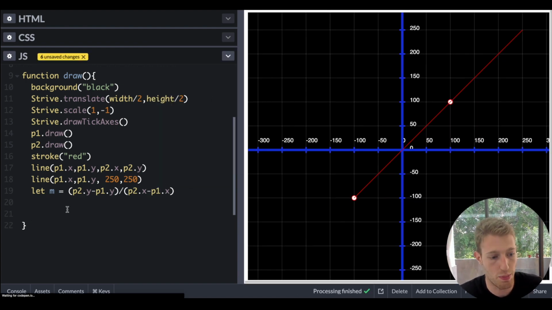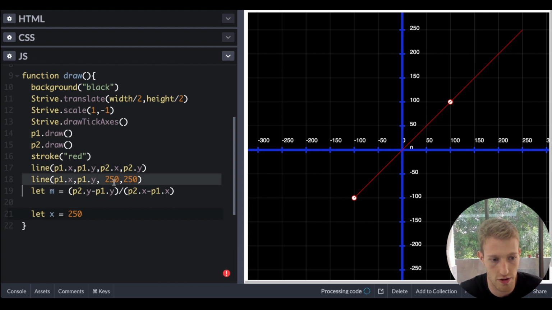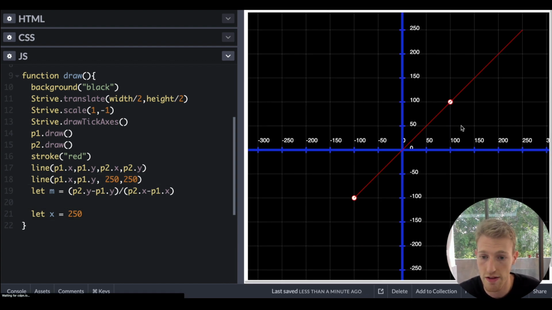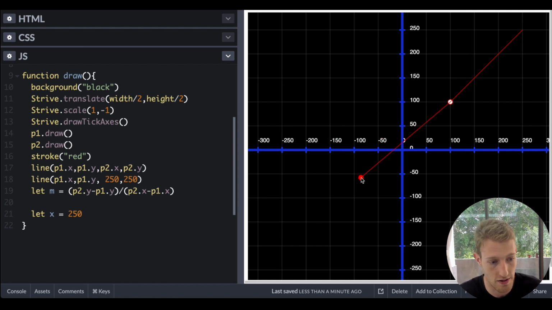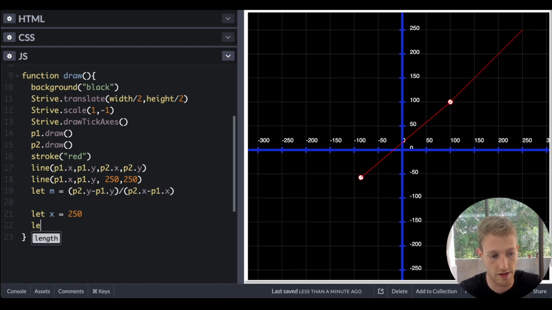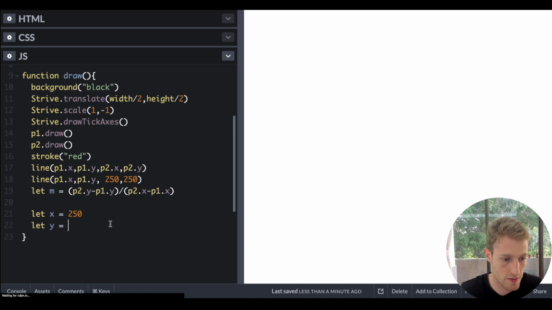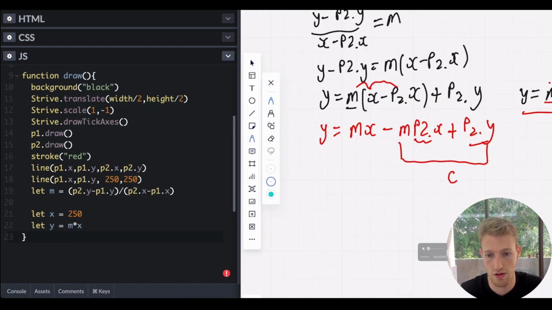Now, if we define a point somewhere else, let's say we're wanting our x to be, let's use the one that we've used here, 250. So if we say, okay, we're wanting our x to be 250, what is our y coordinate at that point such that the gradient remains the same? We can use this formula, which we derived previously. And what that looks like is you can say let y is equal to m times x, and then that is minus m times p2.x plus p2.y.